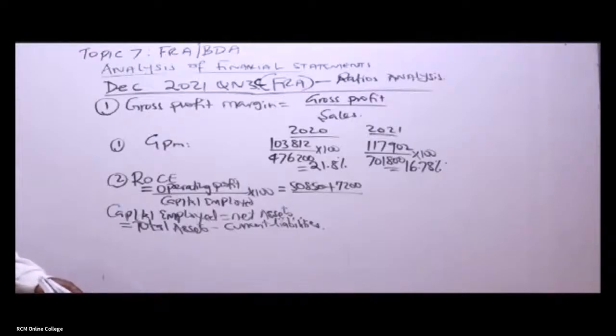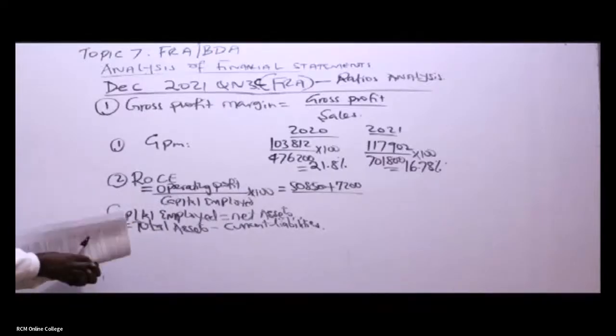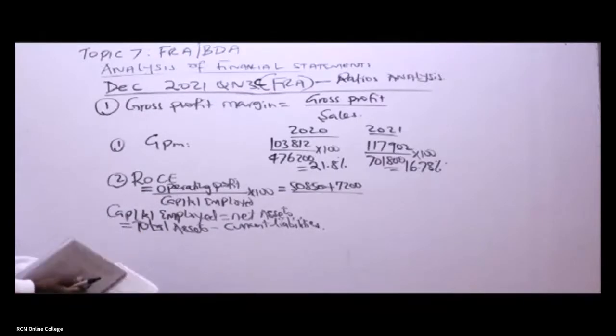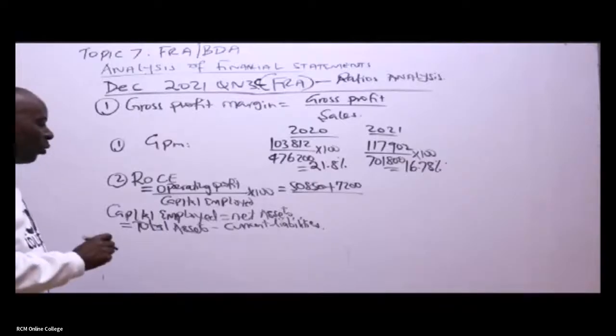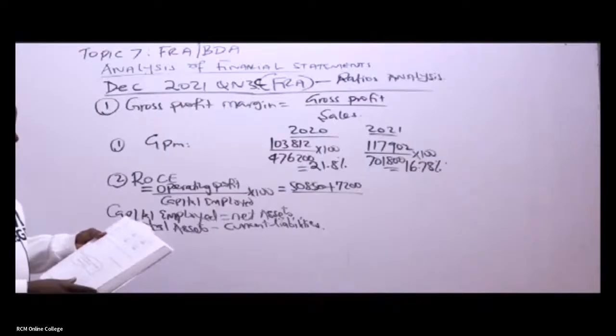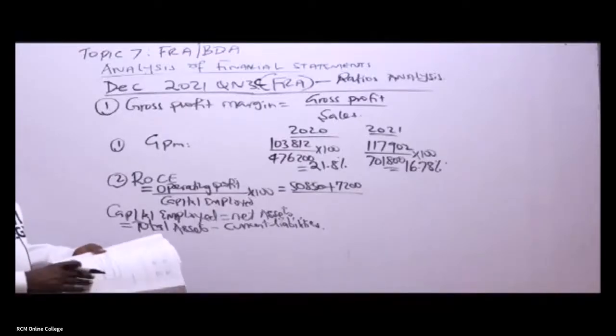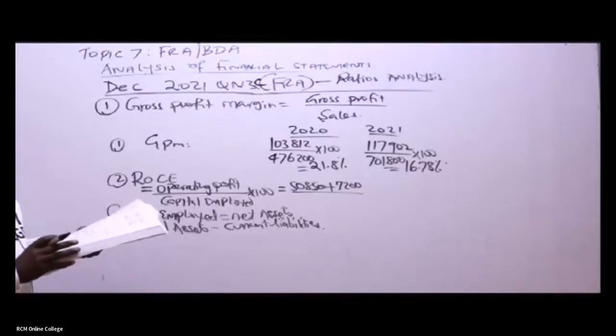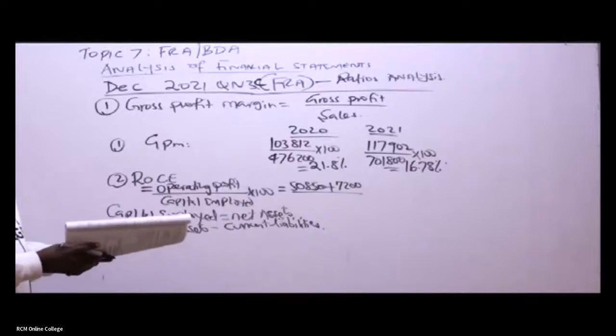I'll be able to go back and repeat that, but let's finish this and then I'll repeat it. No problem. So anytime they want us to give them capital employed, I will always take total assets minus current liabilities. So in this question, have they given me total assets? Let's see.